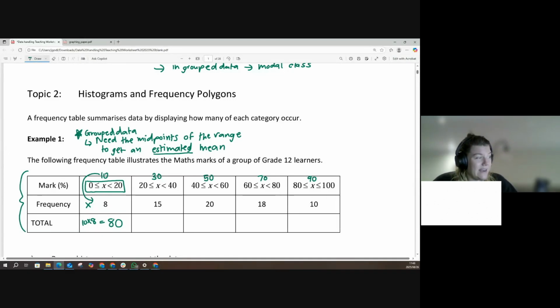Then for our next one, we're going to say 30 times 15, and that's going to give us 450. Then we have 50 times 20, which gives us 1,000. 70 times 18, which gives us 1,260, and 90 times 10, which is 900.